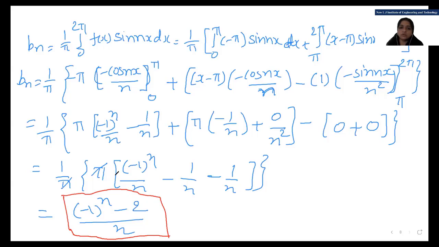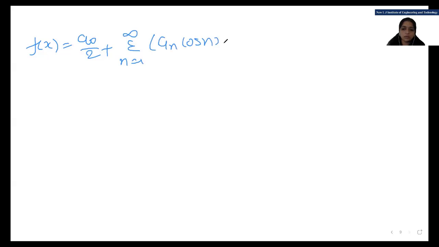So this is the value of Bn. Now we substitute all three values in the main formula, that is a0 by 2 plus summation n 1 to infinity an cos nx plus bn sin nx, right? So what is the value of a0?